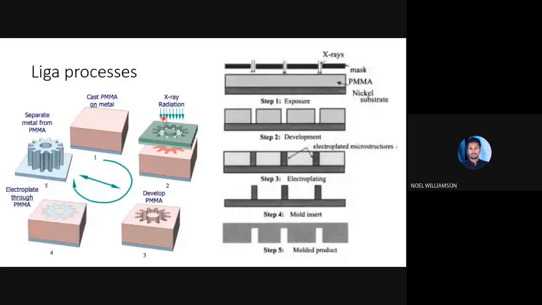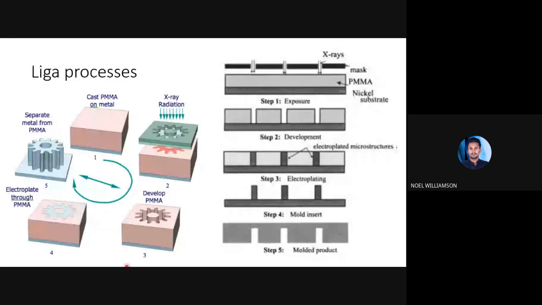After that, we radiate the X-ray through the mask, so that the required portion will be removed and a hole is created. The portion which is not exposed will remain as such, like this, the third step.